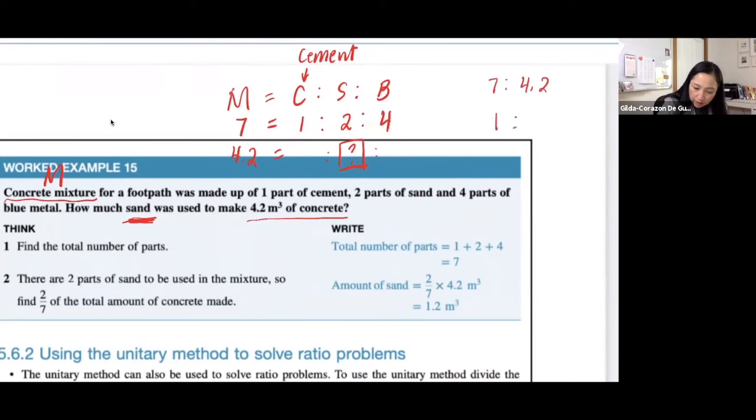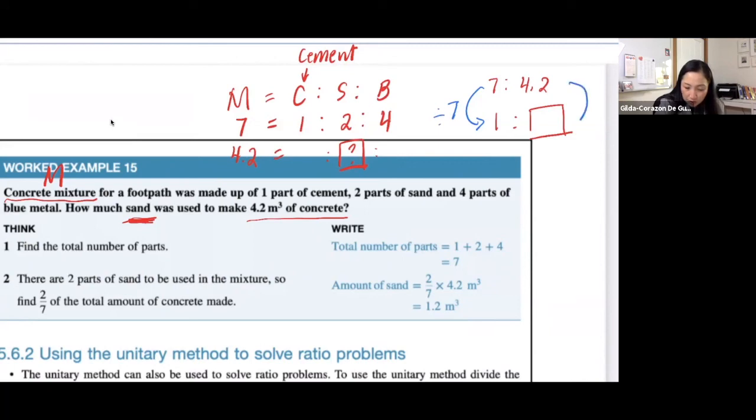We want 1 is to what? From 7 to 1, what did we multiply or divide? Remember from the last lesson, we can only multiply or divide. So 7 parts is 4.2, and 1 part is divide by 7.